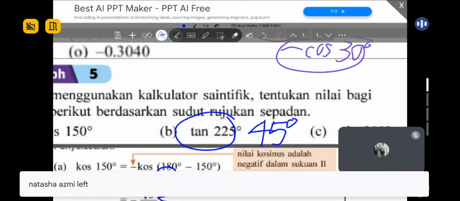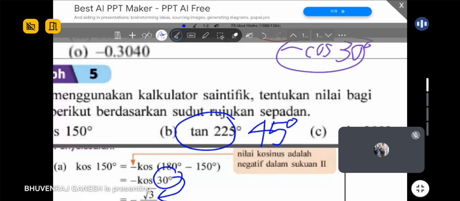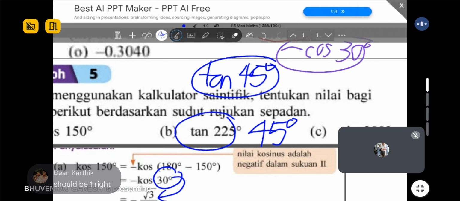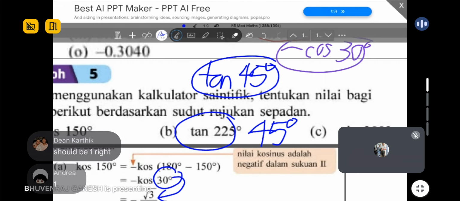Okay, so 45 guys. If you remember the triangle, can you all tell me what is the value of tangent 45? Cuba bagi tahu saya nilai ni, tanpa tekan calculator, menggunakan segitiga yang saya lukis tadi. Apa nilai dia? Tangent 45. Should be 1, right? Okay, let's check and see. Yes, the answer is 1.